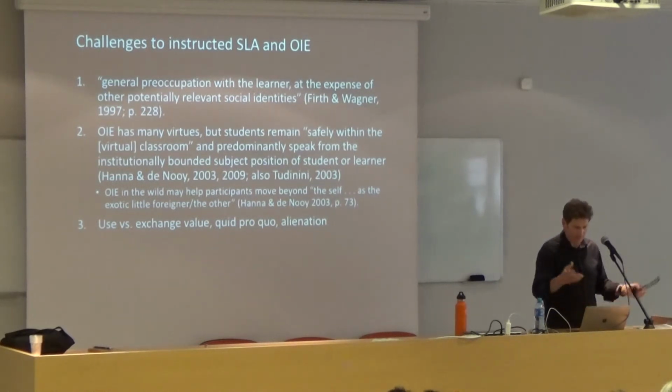As Firth and Wagner described, the general preoccupation with the learner at the expense of other potentially relevant social identities is a problem in SLA, also in pedagogy and classroom contexts, etc. You remember the Hana Tanaka piece, right? They appreciate online intercultural exchange, but the students stay safely within the virtual classroom, bound to the subject position of student, right? And identities, as Blommaert and others have described them, are fundamentally kinds of repertoires, semiotic repertoires.